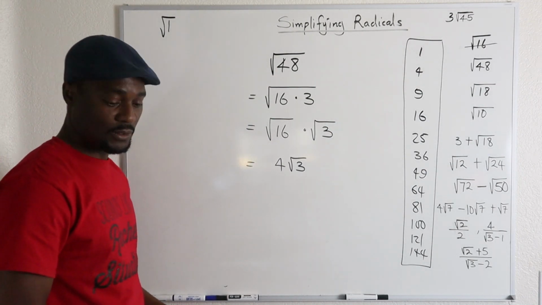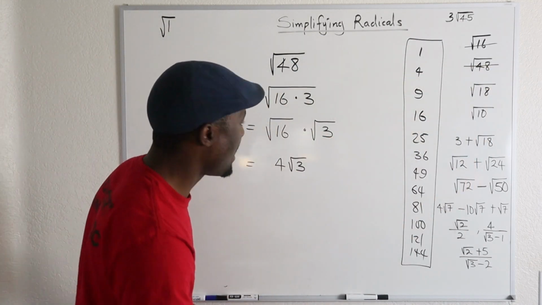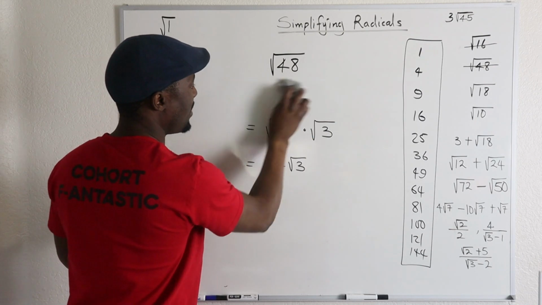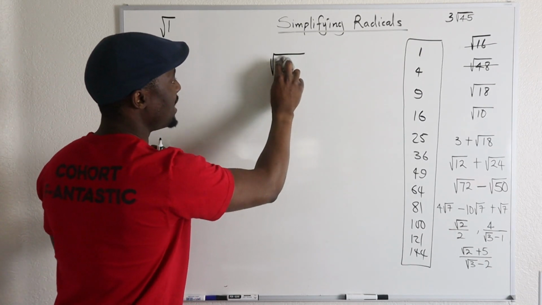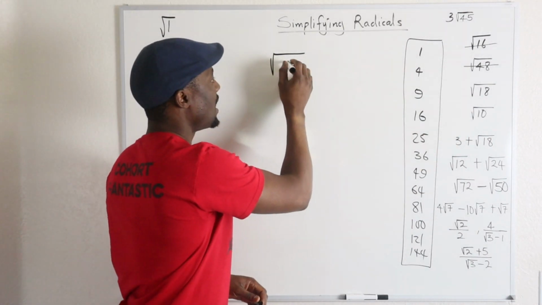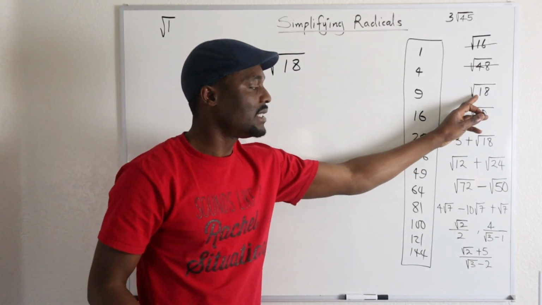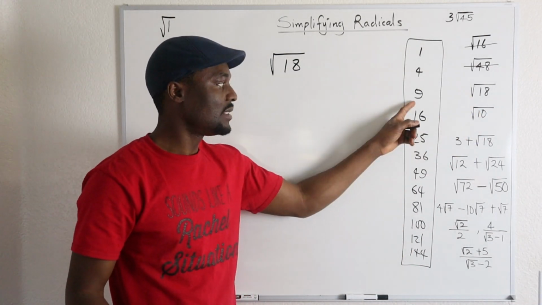Let's move on to the next one. So I'm going to strike this out. Let's take the second example. Let's say our expression was rad 18. What you're looking for in this one is a number on this list that will divide 18, the biggest number, and you can see it's 9.